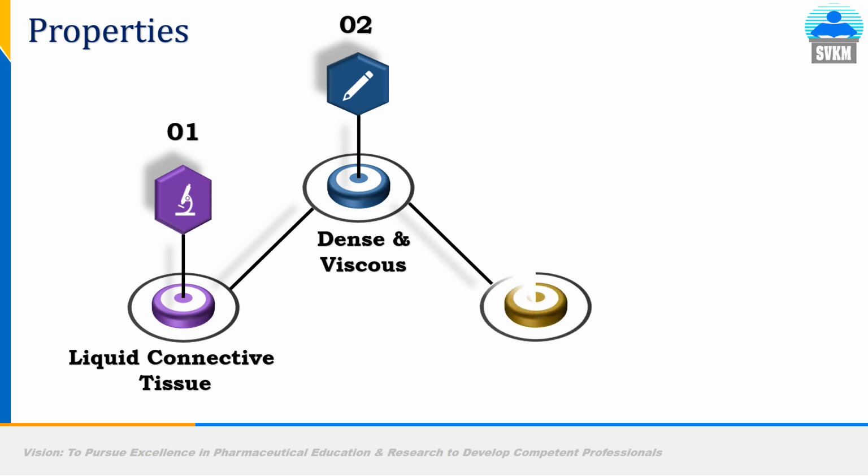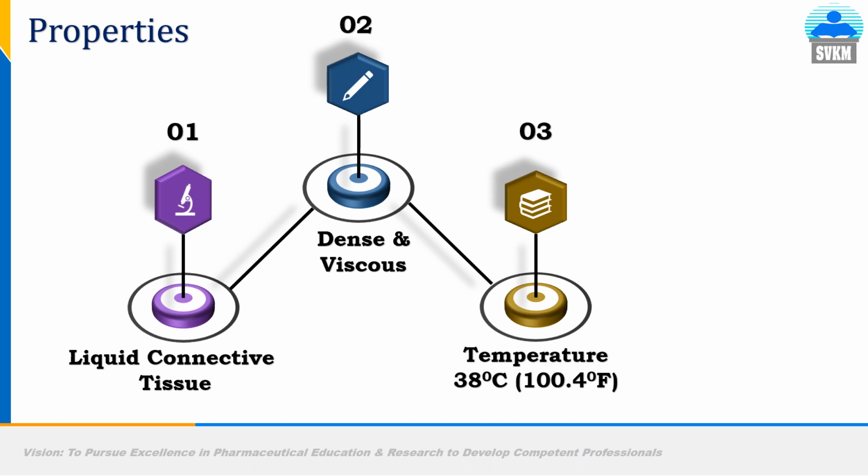Third property, the temperature of the blood is 38 degrees Celsius, that is 100.4 Fahrenheit. The normal oral or rectal body temperature is 37 degrees Celsius, so the blood temperature is 1 degree Celsius higher than oral and rectal body temperature.